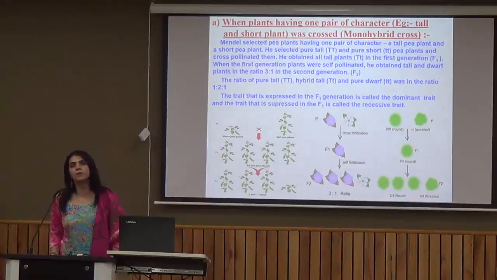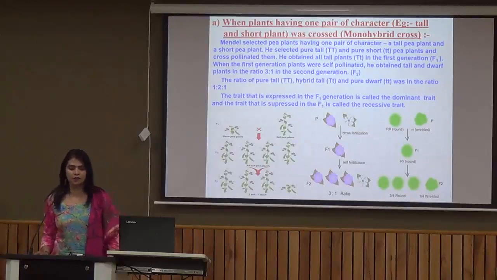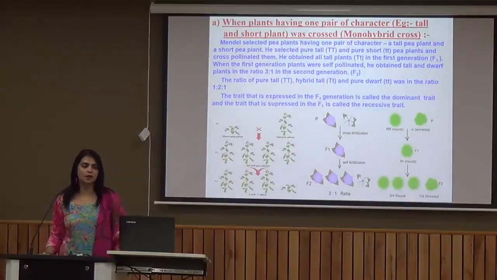Now he wondered, what happened to the trait of short height? In the parent generation, as you can see in the diagram, both short and tall pea plants were present, but in the first filial generation, all the plants were tall.